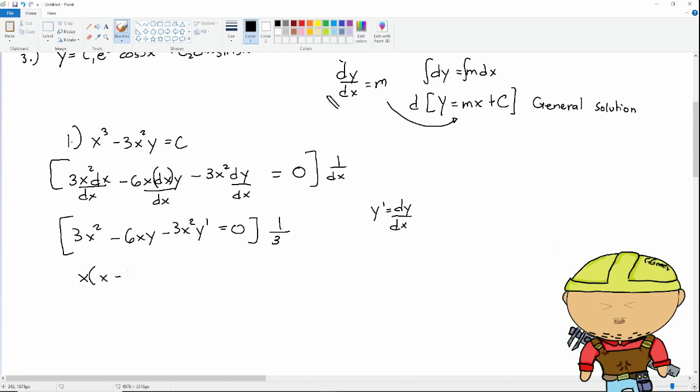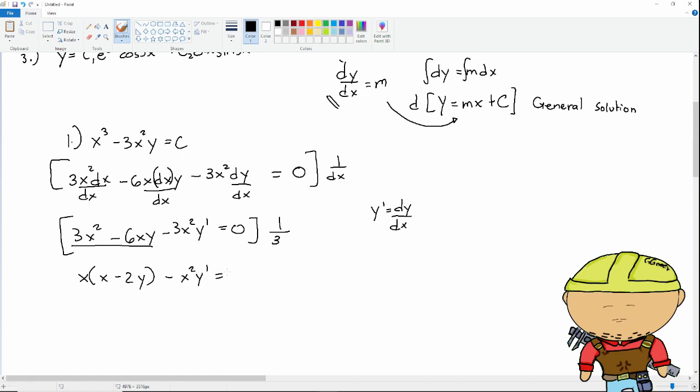X minus 2y, right? Negative 6 divided by 3 is negative 2. And taking out x on both sides, we get x multiplied to x minus 2y minus x squared y prime. Oh, the 3 should be gone because 3 divided by 3 is 1.